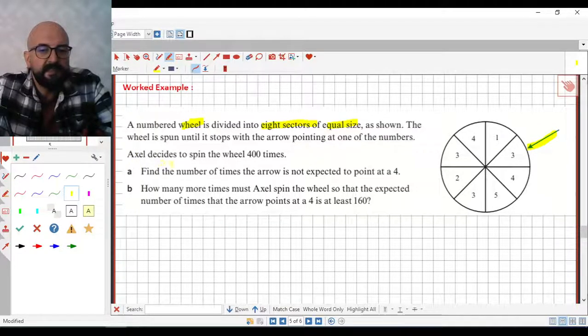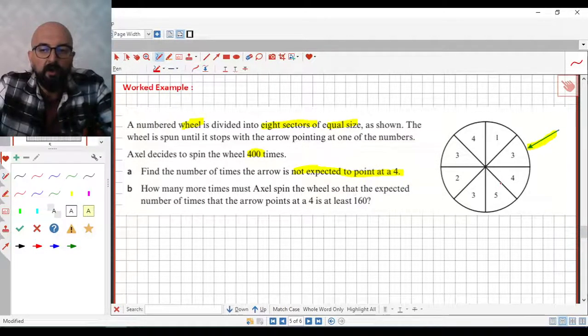Axel decides to spin the wheel 400 times. Find the number of times the arrow is not expected to point at 4.